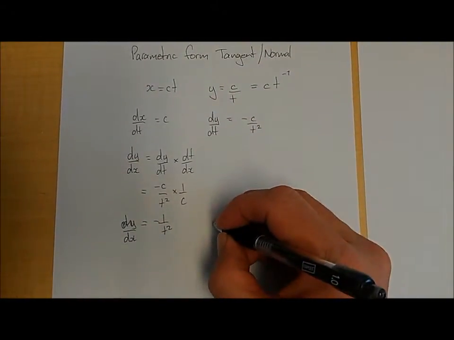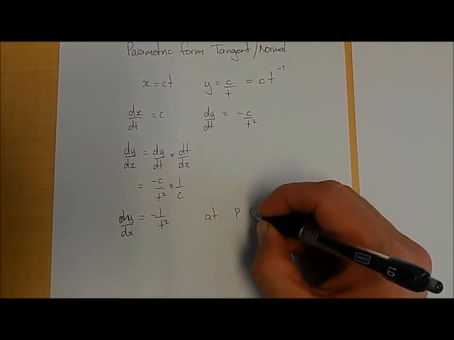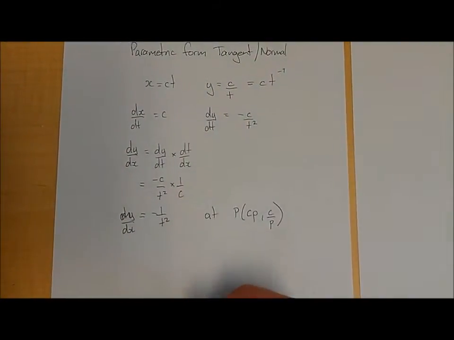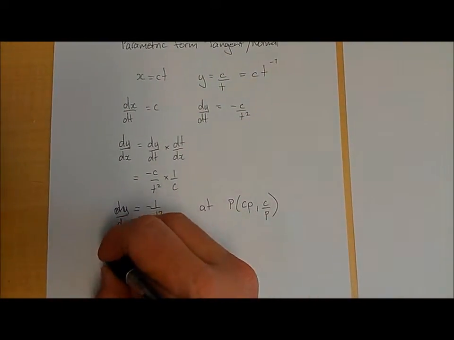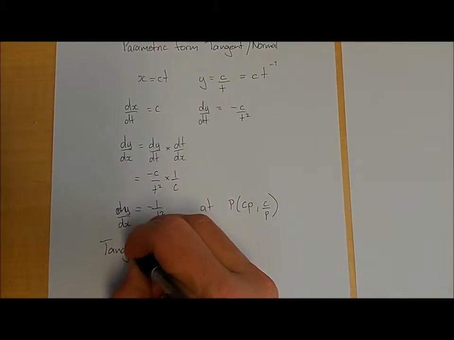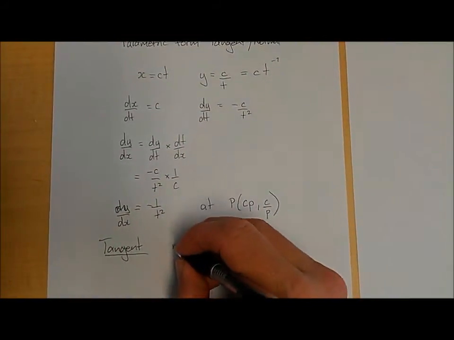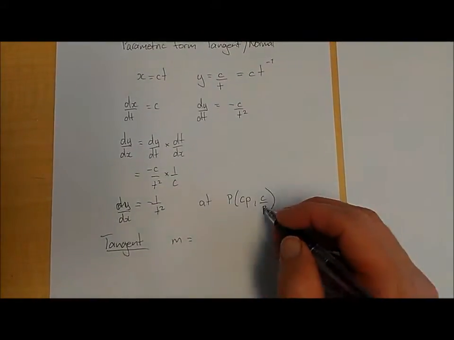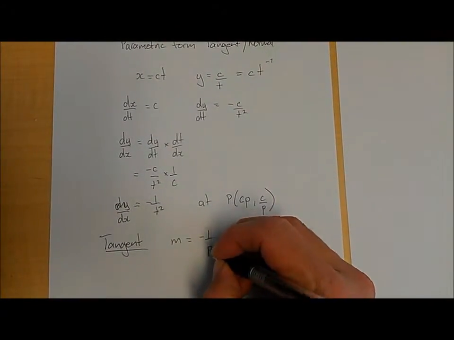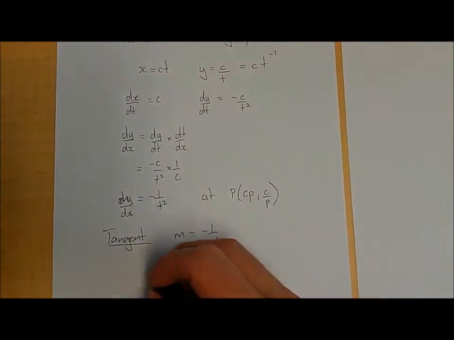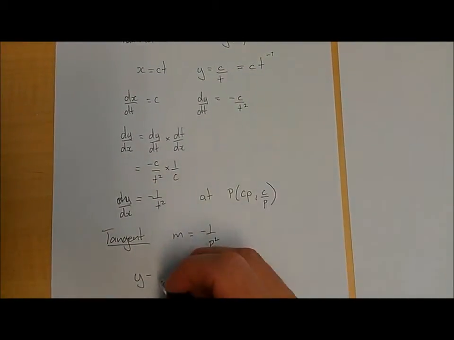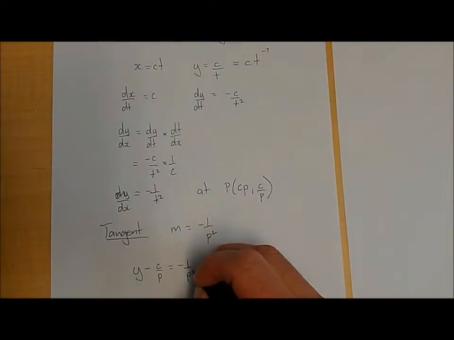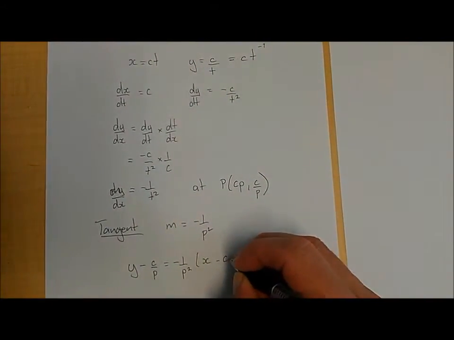Now, if I say the parametric point is at a point P, which is (cp, c on p), then to get the tangent I'll first get the gradient, and T has now become p, so I get negative 1 on p squared, and I'll go y minus y1, which is c on p, is equal to m, negative 1 on p squared, times (x minus cp).